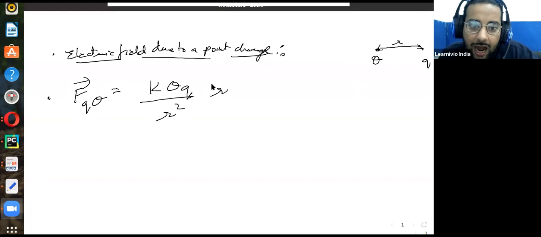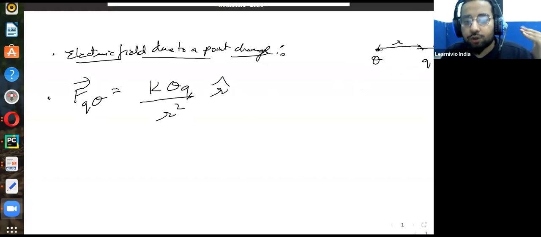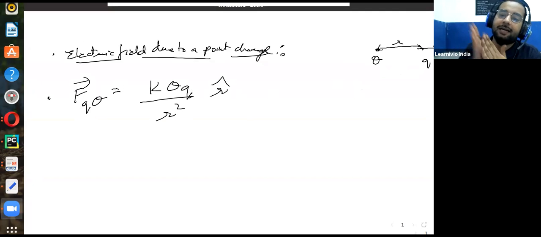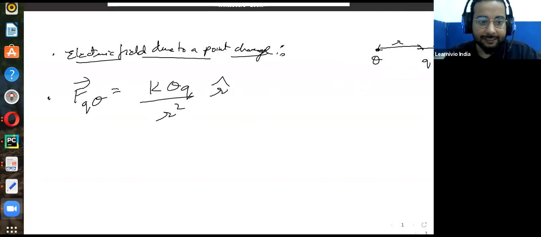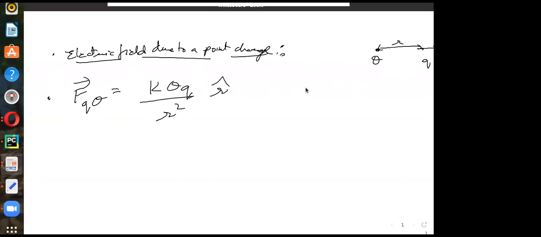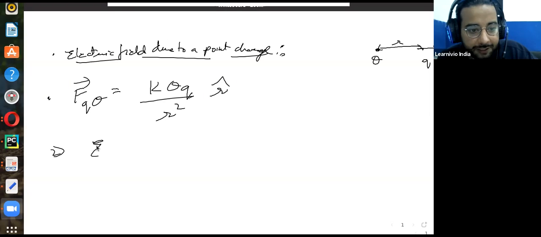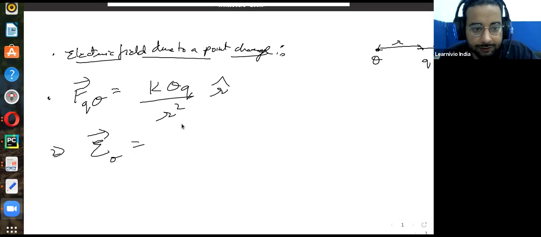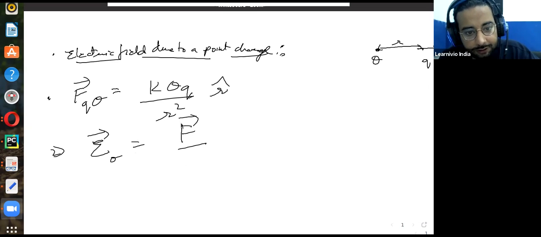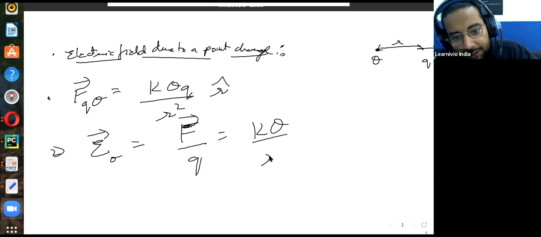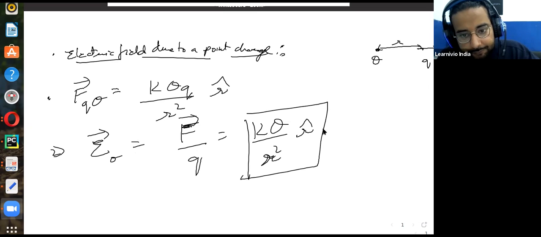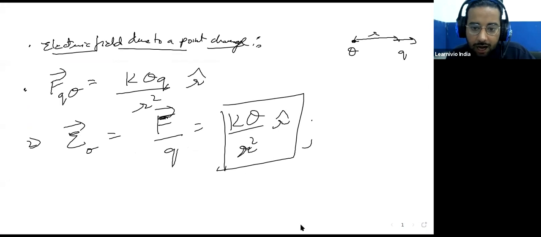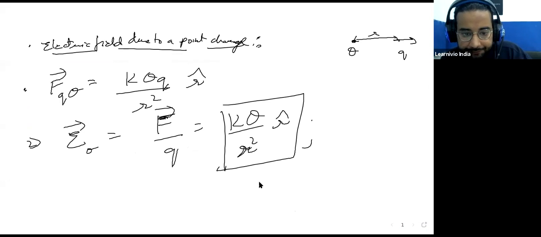In what direction? r cap, right? Since both are positive, it's going to repel, so it's going to be in the outward direction. So that's why I'm writing it as positive r cap. Make sense? Now, using the definition of the electric field because of Q, this is just force divided by small q. So this is just kQ over r squared r cap. So this is essentially how we write down the electric field.